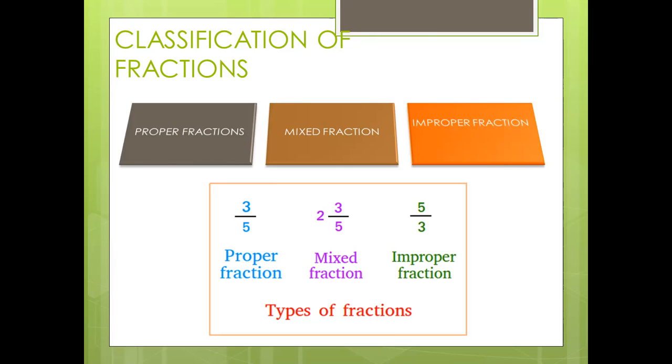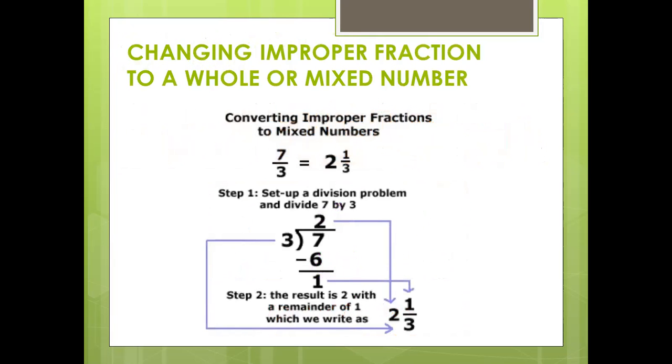Now, since we have discussed the classification of fractions, we will go into changing an improper fraction to a whole or mixed number. The line between the numerator and denominator indicates division. So the fraction bar that we have in our fraction indicates division.